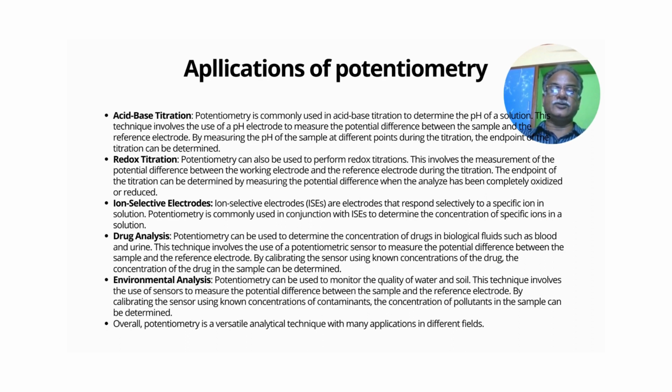Potentiometry can be used to monitor the quality of water and soil. The technique involves the use of sensors to measure the potential difference between the sample and the reference electrode. By calibrating the sensor using known concentrations of contaminants, the concentration of pollutants in the sample can be determined.